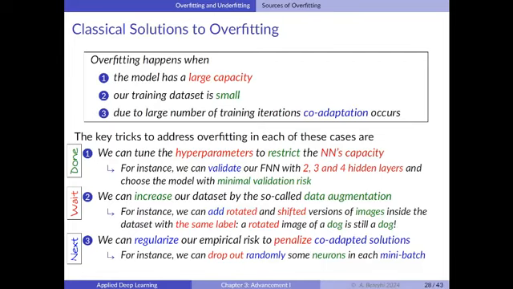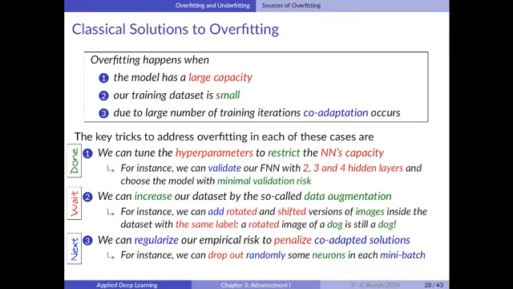The first and second are somehow related to each other. The third situation is when the training iterations are large, and sometimes co-adaptation happens.